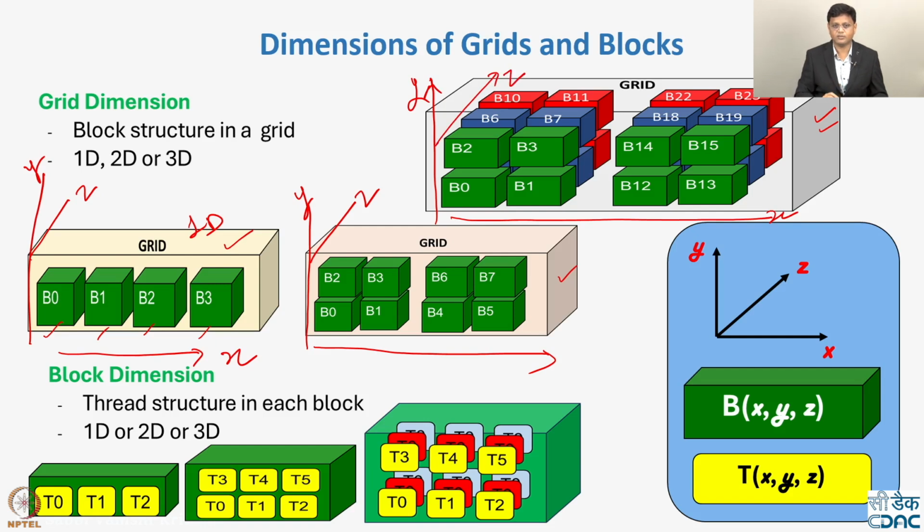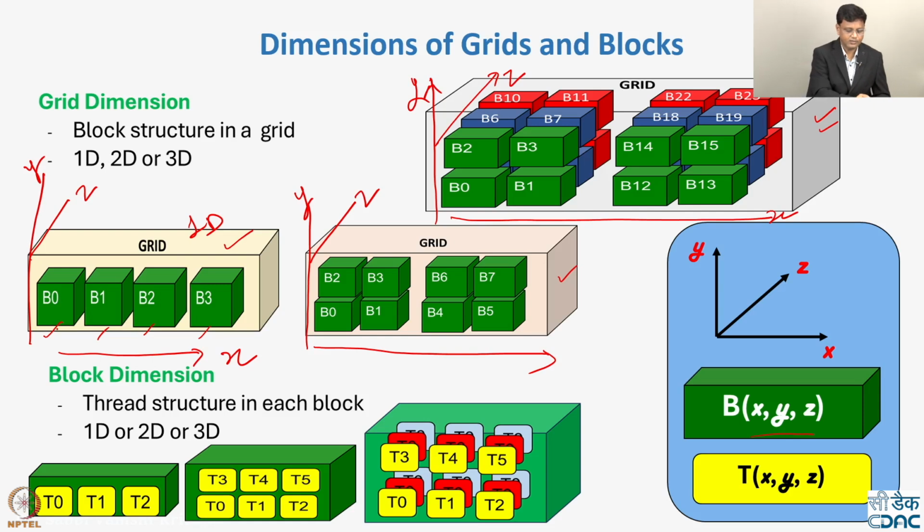So, we have understood that in NVIDIA GPU architecture, the blocks in a grid can be arranged in 1 dimension, 2 dimension and 3 dimension. And each block can be represented by its coordinates. These coordinates you can represent in x, y, z. This x, y, z basically informs you of the position of the block in that particular arrangement.